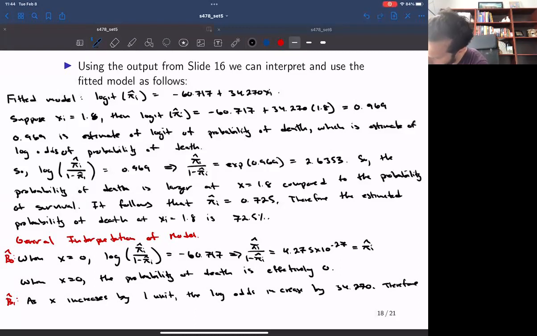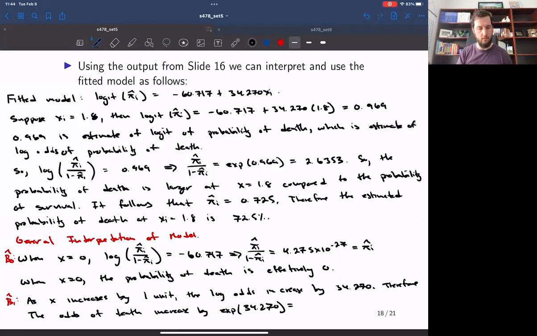So therefore, the odds of death increase by exp(34.270), which is equal to, right, so this is going to be massive, 7.643 times 10^14, and pi_i hat increases by 1.